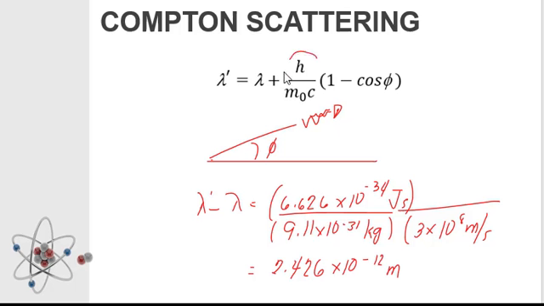So this value here has a length dimension. Let's take a look at the cancellation of units. Joule again is Newton meter, or we have kilogram meter per second squared.